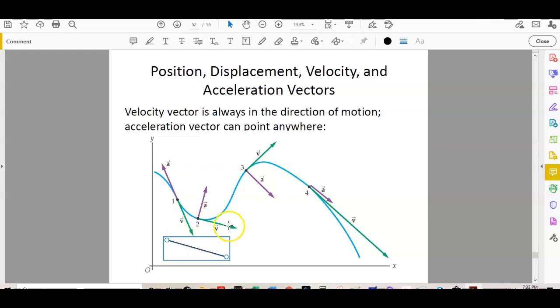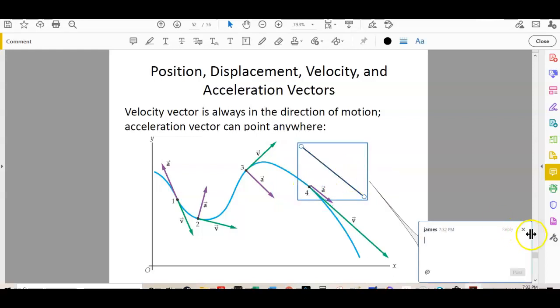That's the direction you're moving, down and toward the right at that point. Well, now you're moving up here, and so at this point, point 3, I'm going to draw another tangent line right there, and that means you're moving up and to the right there. And at 4, it looks like the tangent line is going to be right about here, right? So I'm just considering tangent lines for the direction of motion, okay?